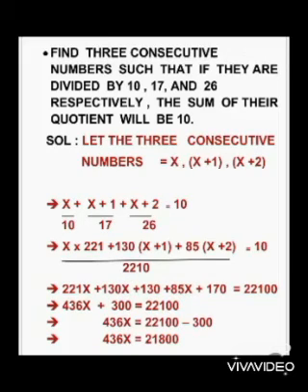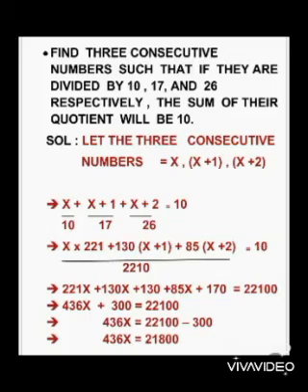If you add this, you will get 436x plus, now let us add the constants, 130 plus 170. You will get 300 here, which is equal to 22,100.